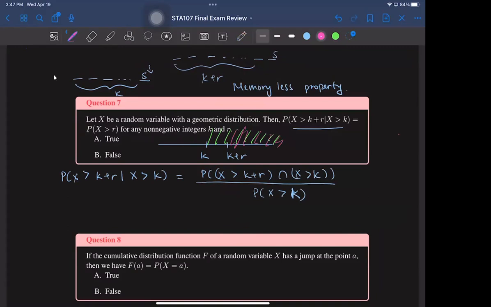And the overlapping of the two regions is this one, which is X greater than k plus r. So in the numerator, I have X is greater than k plus r. And I have the probability that X is greater than k here. That makes sense?